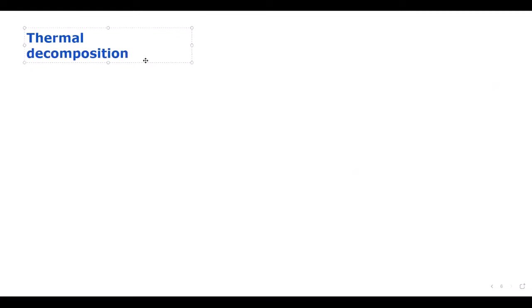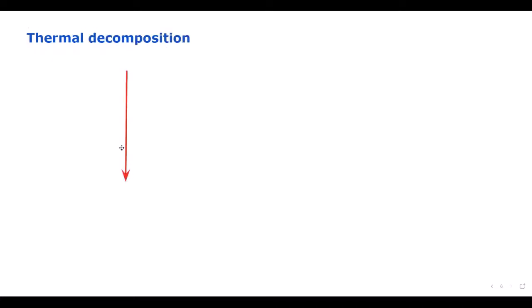The thermal decomposition down the group, they are more stable. It means you need more energy, a greater amount of energy, to break these substances. What is the reason for that? For any substance, like thermal decomposition of carbonate, nitrate, sulfate, as we go down, it increases.